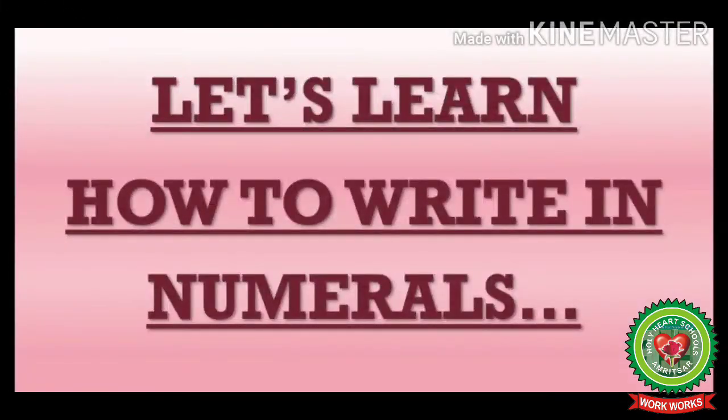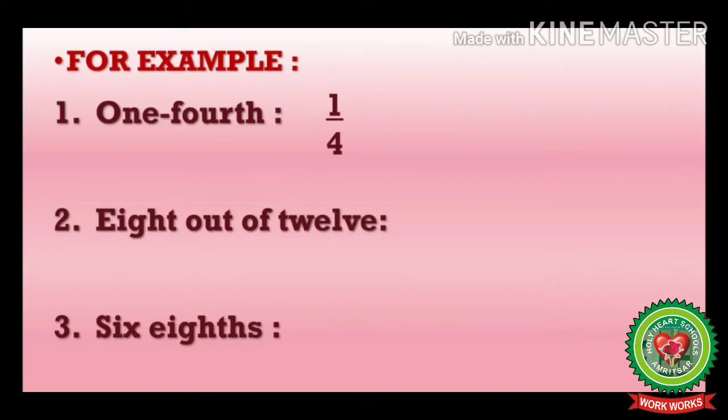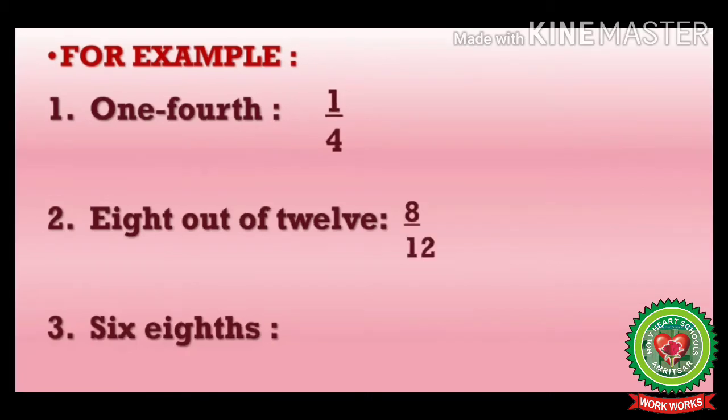Now children, let's learn how to write in numerals. First of all, our example is 1 fourth. Now 1 fourth is given. Why? Because the numerator is 1, so fourth is given. 1 is the numerator and 4 is the denominator. So we will write it like this. Next example is 8 out of 12.